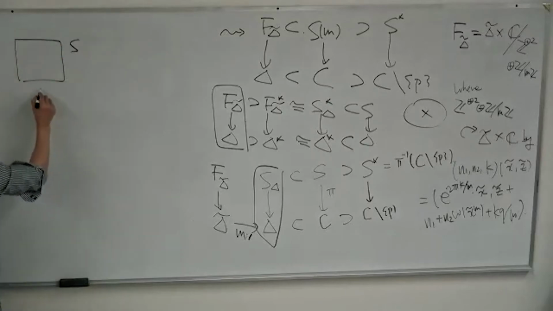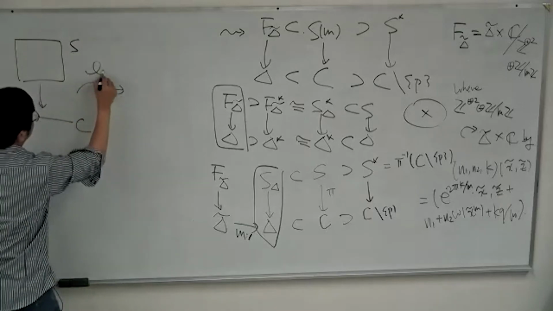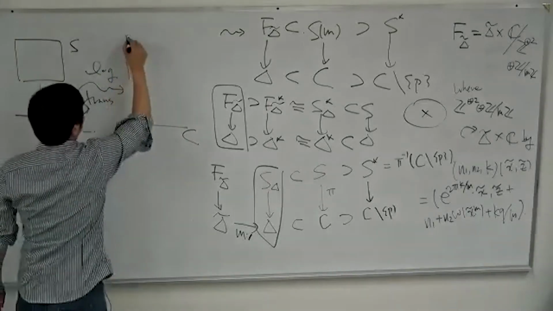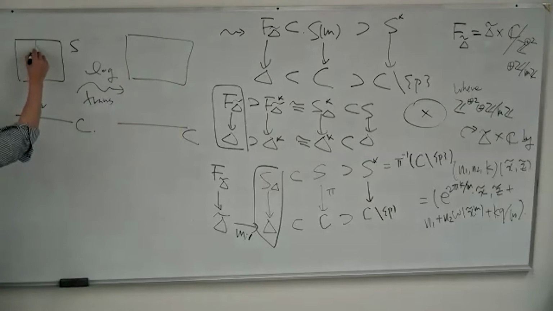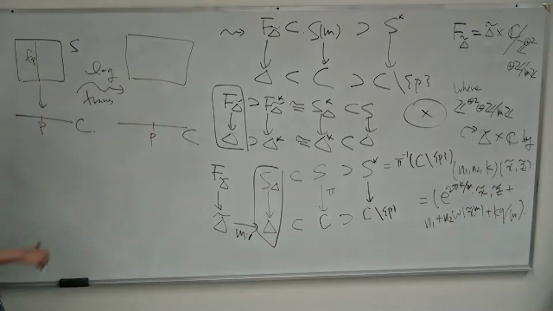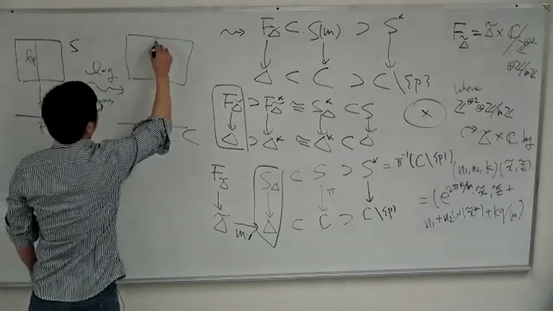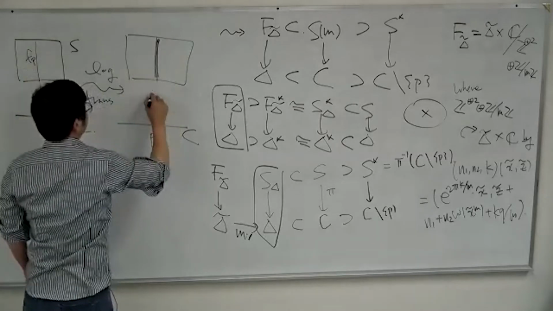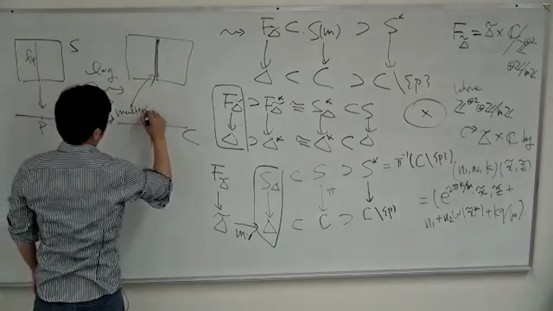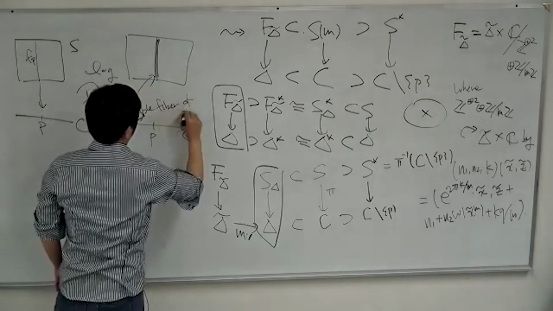So I consider this elliptic surface, and then I do this logarithmic transformation to obtain a new surface. And the key point is that over this point, this is just an elliptic curve. But after this logarithmic transformation, this fiber becomes a multiple fiber of order m.